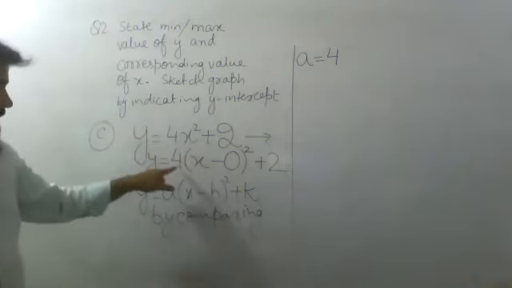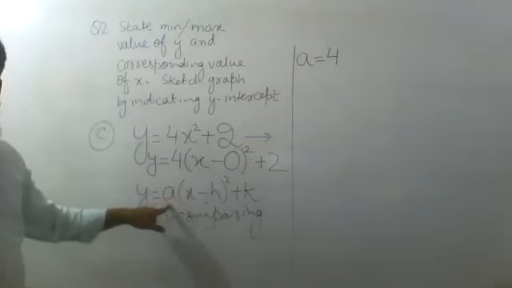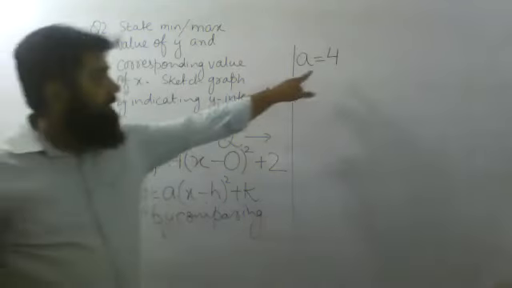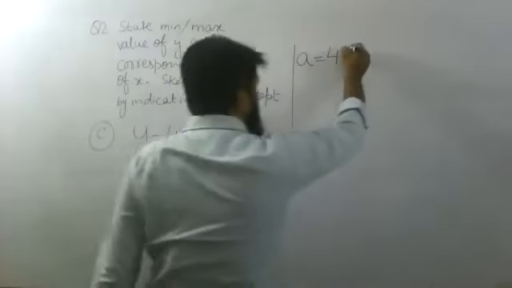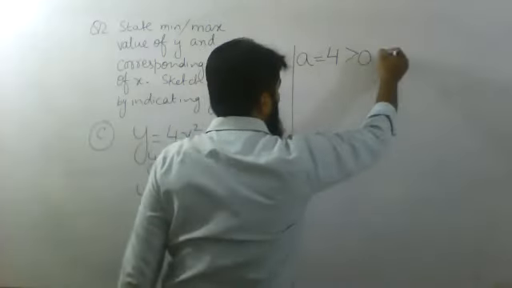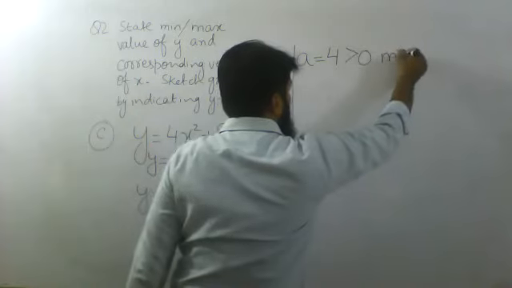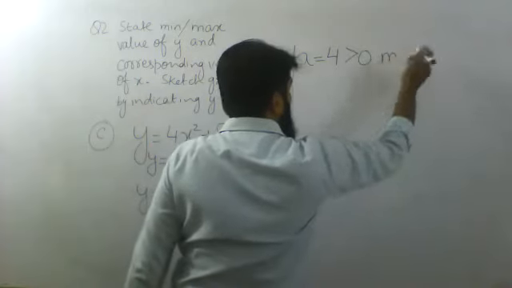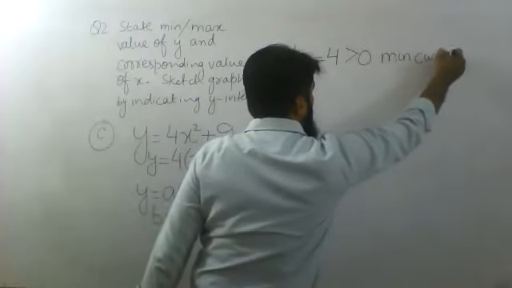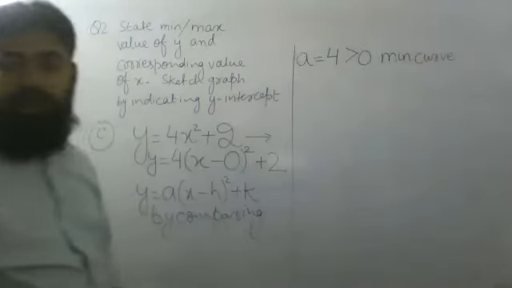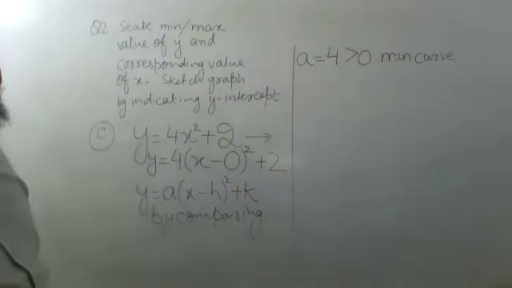Outside the bracket, a is written. So a is 4, which is greater than 0. It means I have a minimum curve, or minimum turning point, or minimum value of y.